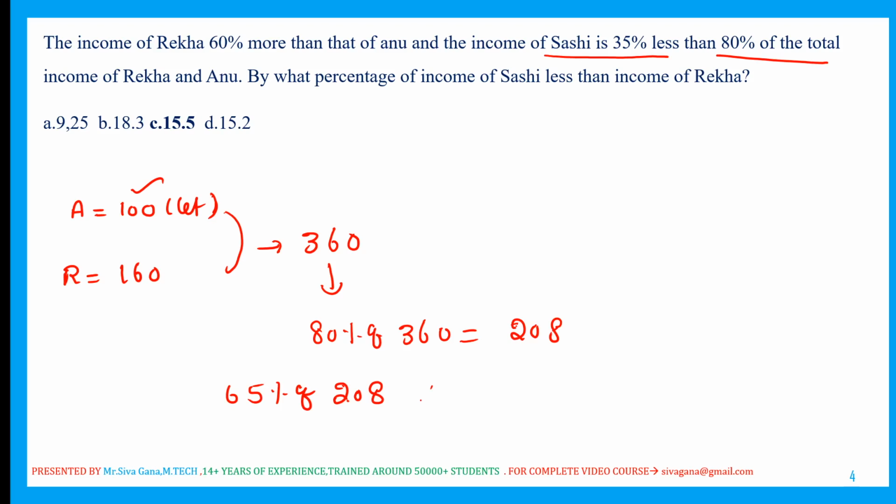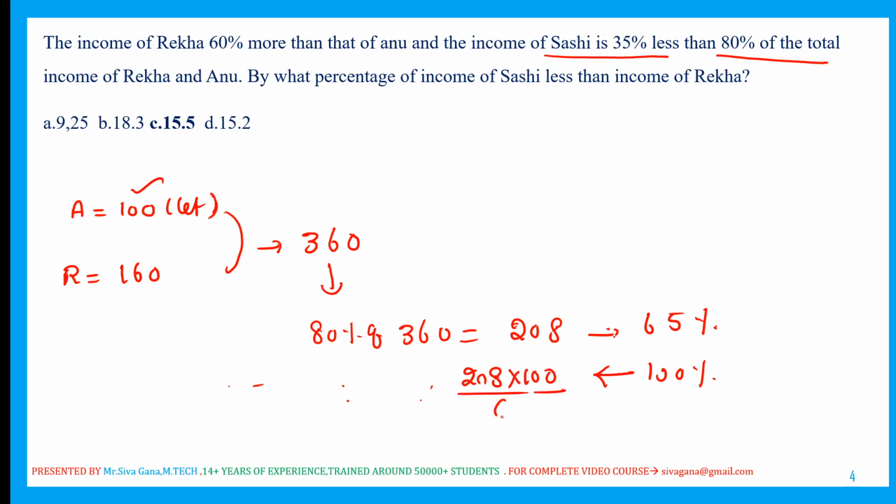Sorry my dear viewers, very sorry. This 208 is nothing but 65% of Sashi's income. So what is 100% of Sashi's income? 208 into 100 divided by 65. Using the on-screen calculator, I get 320. This is Sashi's income.